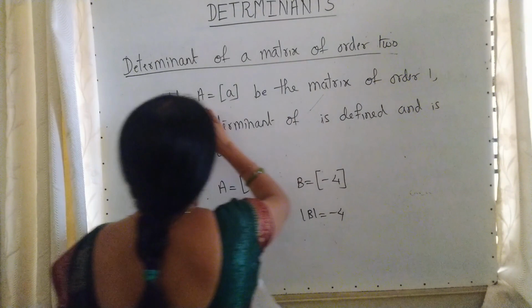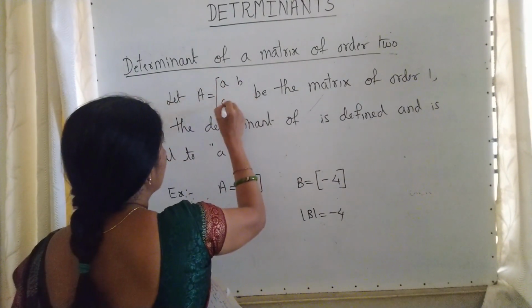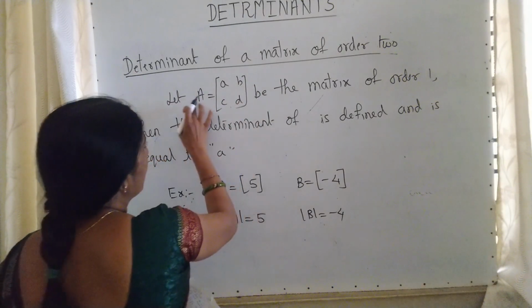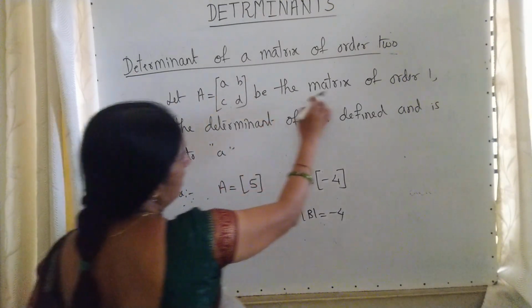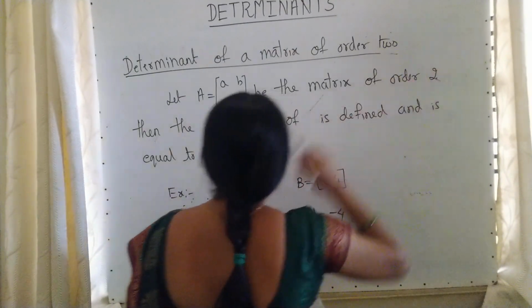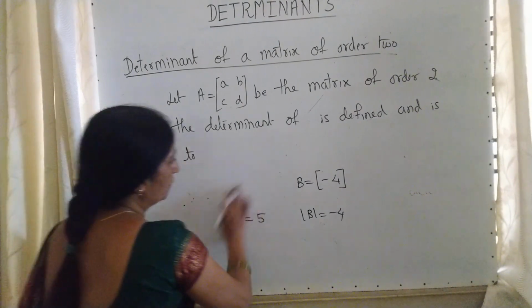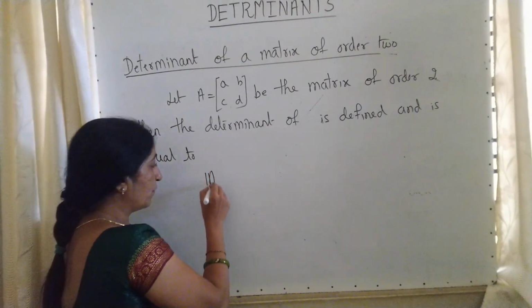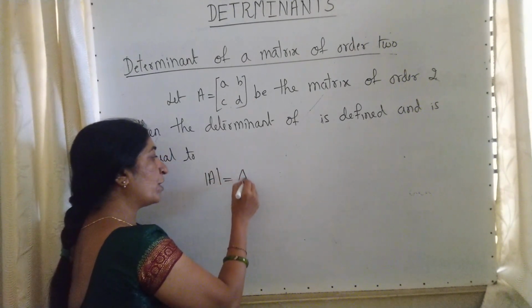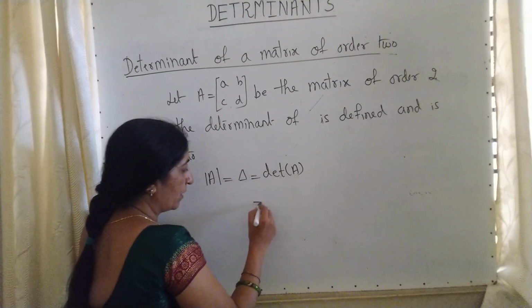Yes. Here consider a matrix of order 2. Write any general elements. See, let A is equal to a, b in the first row, c, d in the second row be the matrix of order 2. Then the determinant is defined and is equal to. So how are you writing? We are writing determinant of A, or like this. Then how do you write?